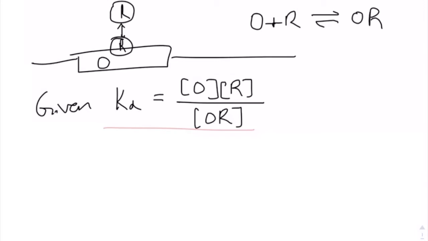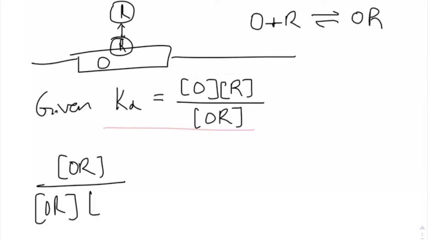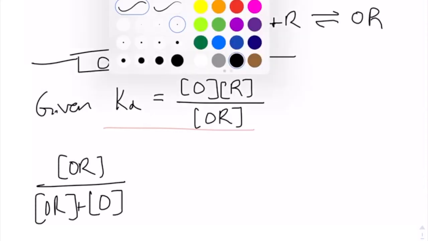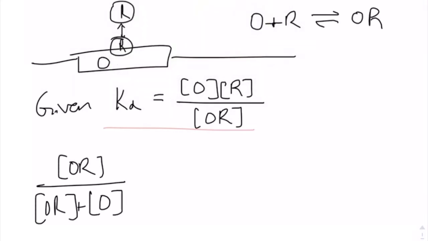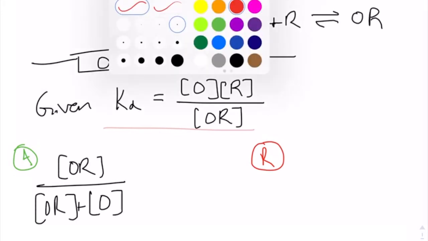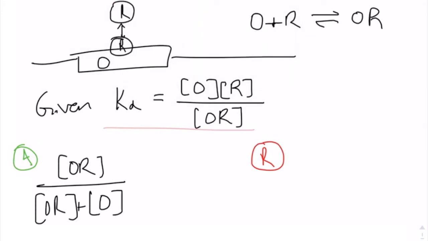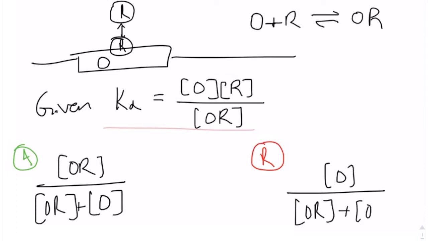We are interested in the complex fraction over the total amount of operator, OR over OR plus O, in the case of an activator, or in the case of a repressor, we are interested in the fraction that is unbound. So just O over OR plus O.